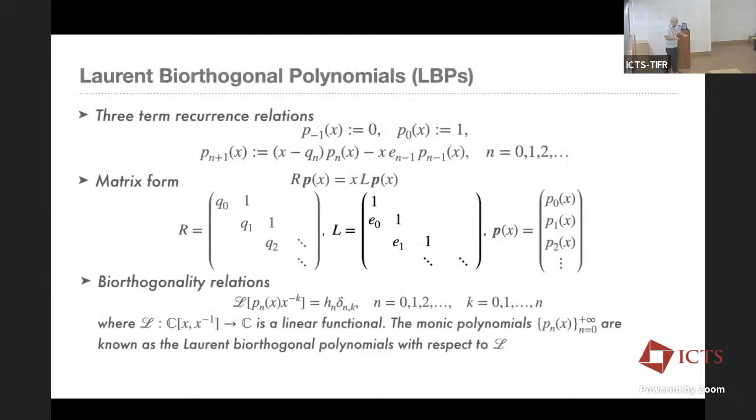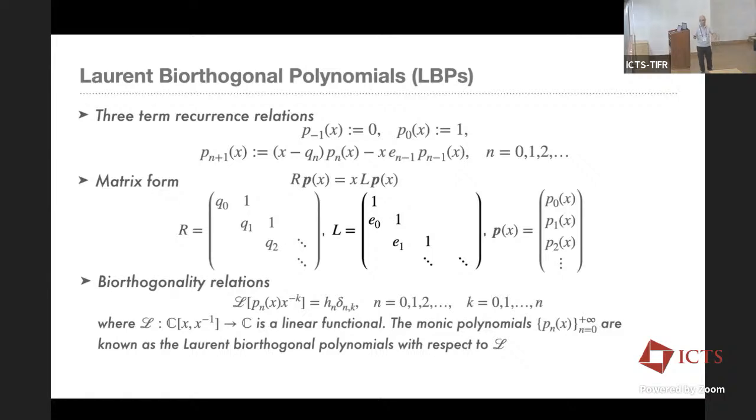And the story is almost the same as the orthogonal polynomial system case. But of course, first the setting: what are Laurent bi-orthogonal polynomials? This is the first setting, and it is important, so I want to explain a bit slowly. We will start from a three-term recurrence relation.